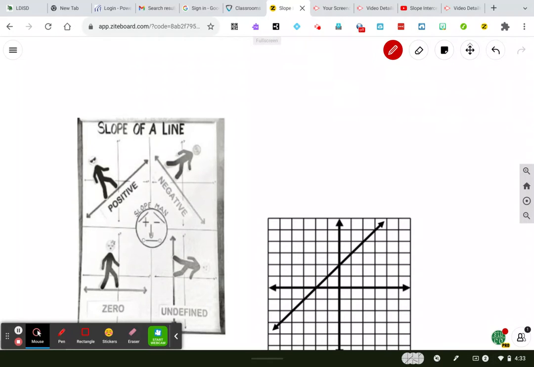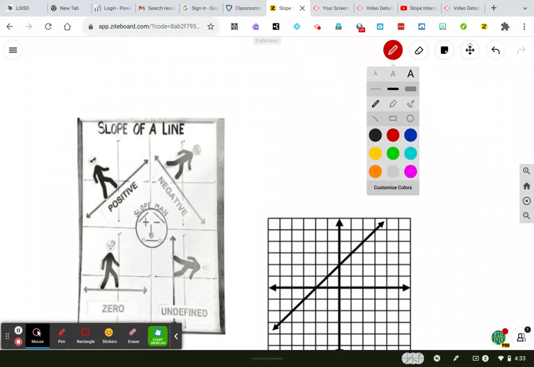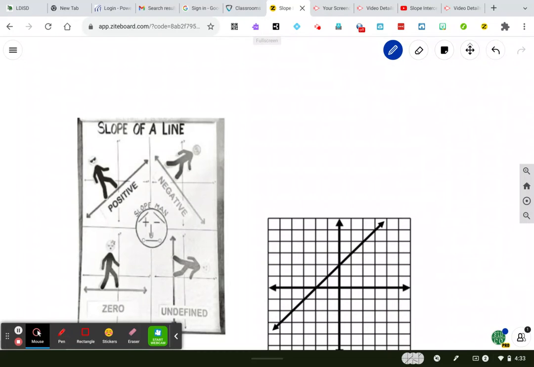What we're going to do today is identify what a positive slope would be and what a negative slope would be. And it's pretty simple if you just think about it. If you're walking up a hill, it's not too hard, but it's pretty steep.